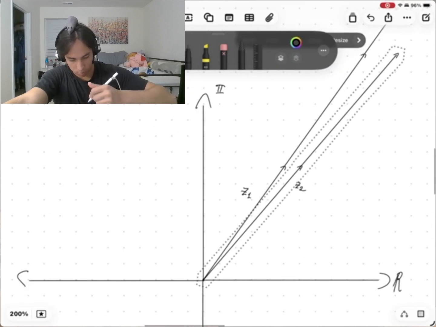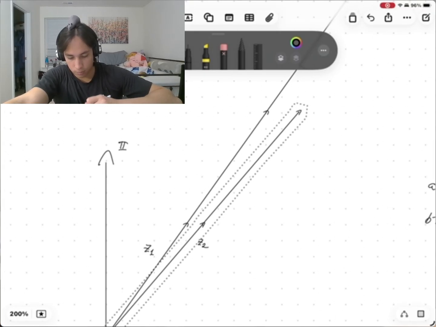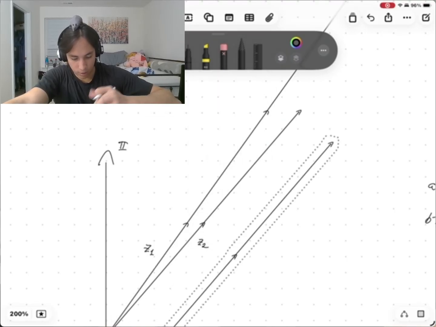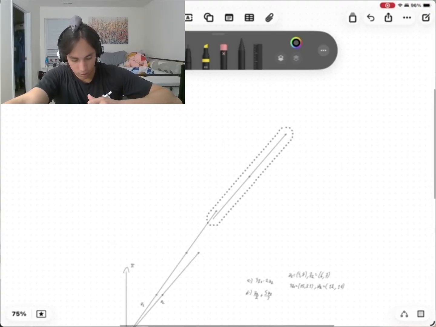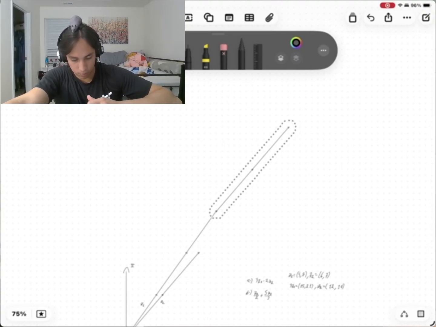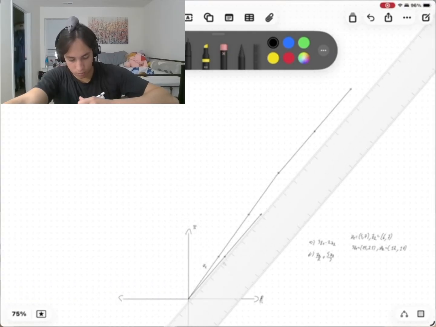Actually, z2. 2z2. And I'm going to duplicate just for the fun of it. Duplicate. Here we go. And if we go tip to toe, boom, that should be it. That is it, right?